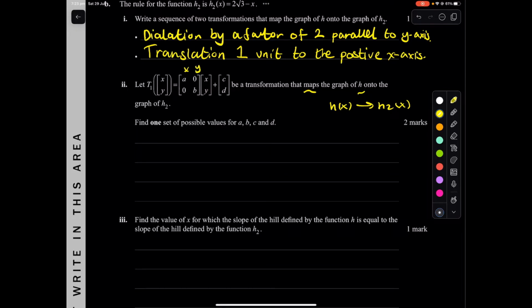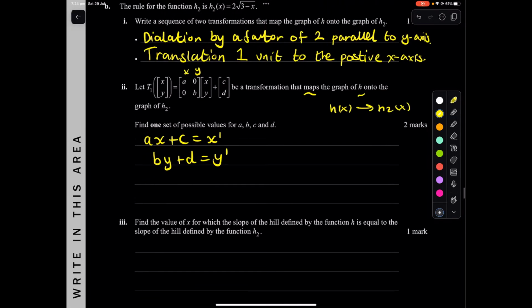So we can say that a of x plus c equals x dash, and b y plus d equals y dash. If we solve for x for the first one, x is equal to x dash minus c all over a, and y equals y dash minus d all over b.